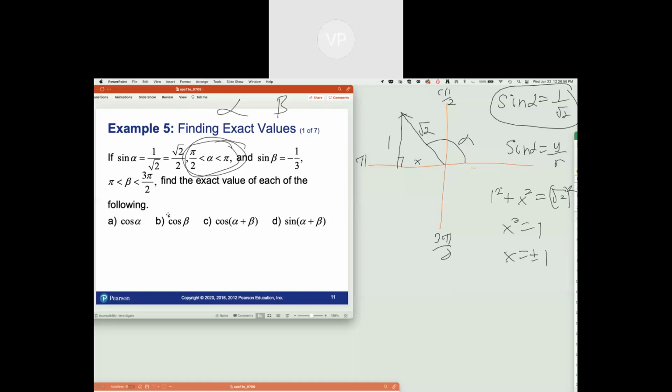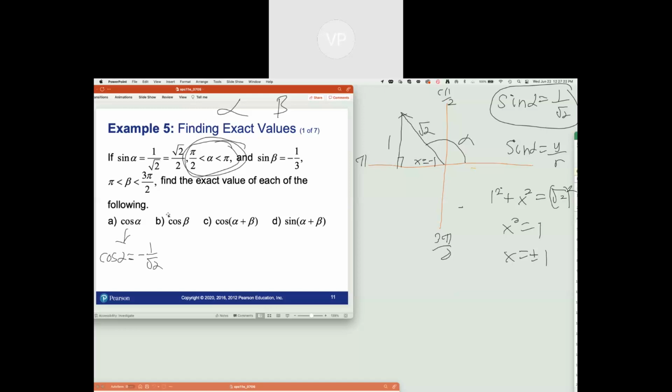Because we're in the second quadrant, I know this is negative 1. And now at this point, I can find the sine, the cosine, the tangent, the secant, anything of angle alpha. So for here, I know the cosine of alpha is going to be negative 1 over the square root of 2.